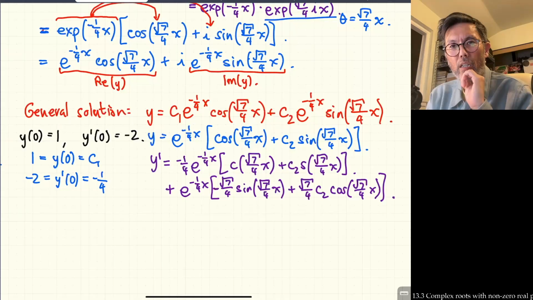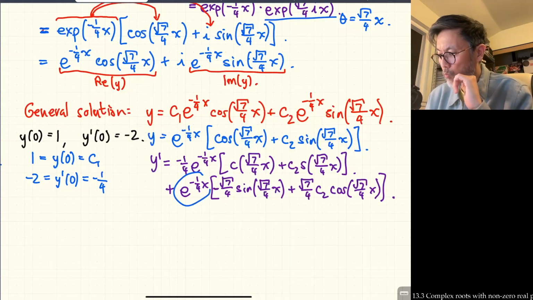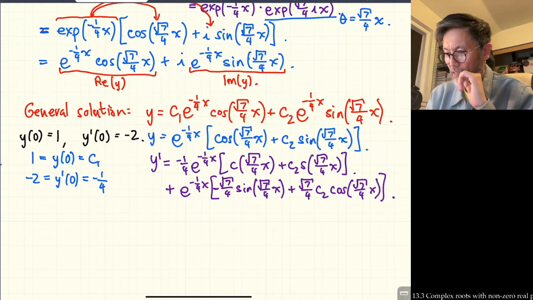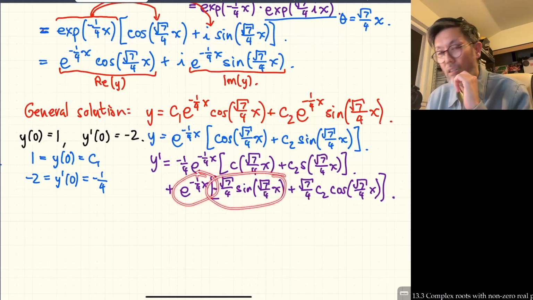And what about the bottom line? This becomes 1. This becomes 0. Sine of 0 is 0. And this becomes square root of 7 over 4 times C2.